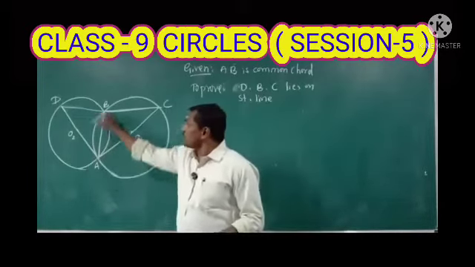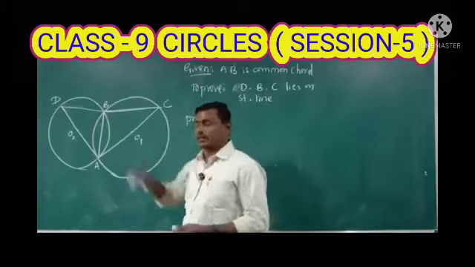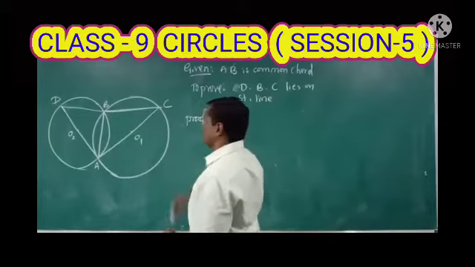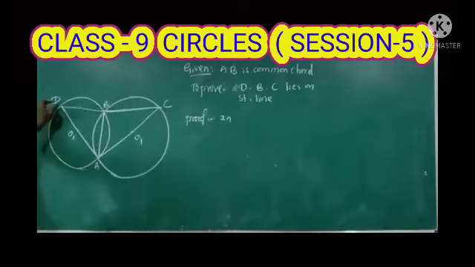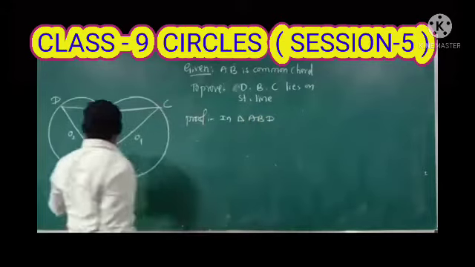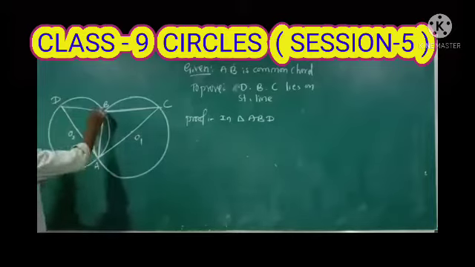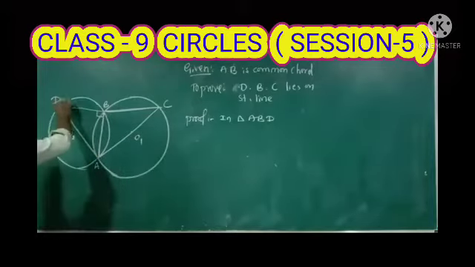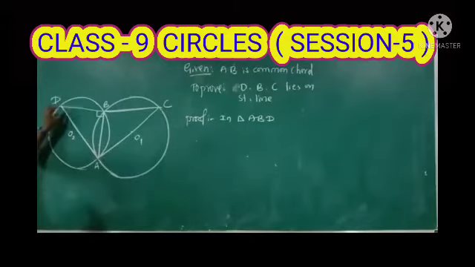By joining or intersecting this common chord, we are getting one triangle here. So in triangle ABD, the angle formed on the semicircle, if AD is a diameter, means the angle is formed in the semicircle.